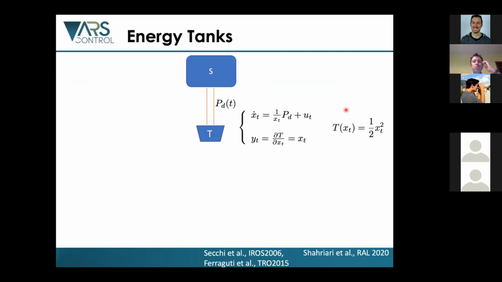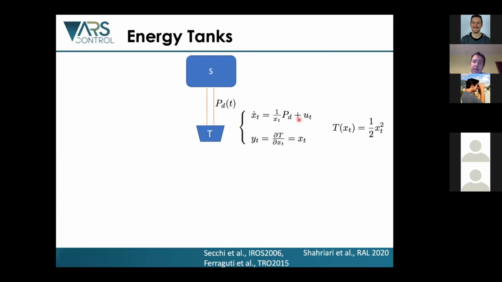We are going to use energy tanks. So shortly, what is an energy tank? An energy tank is a dynamical system that is slightly more than a simple integrator. Basically, you can connect an energy tank to any passive system, and the energy tank collects the power dissipated by the system.